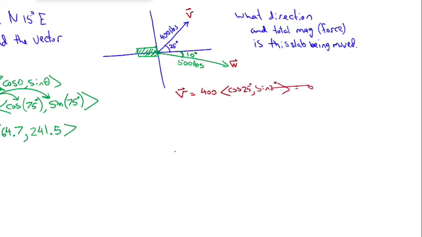And then just multiply it out. 400 times cosine of 25 is 362.5, comma, 400 times sine of 25 is 169.